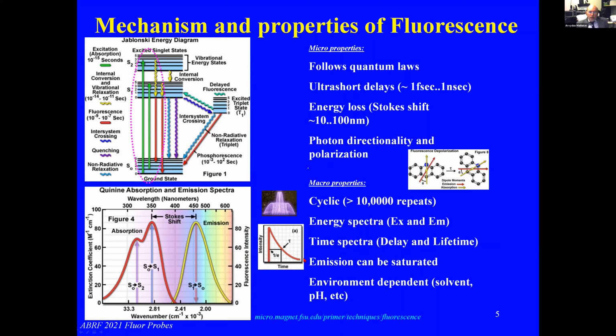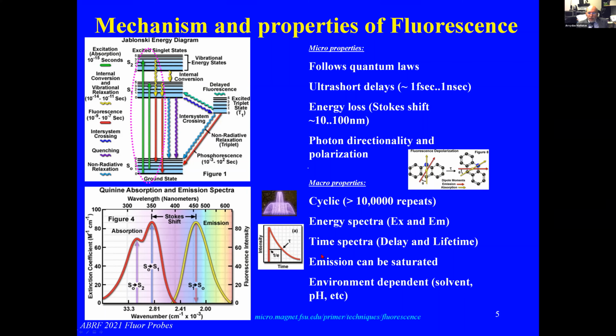Also, fluorescence produces time spectra. Not all photons are emitted at the same time, but there is a delay, and fast electronics these days allow us to measure and plot these time spectra, which can also be used for different applications.